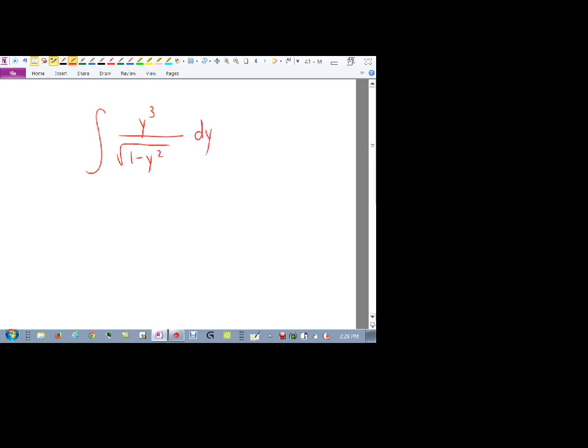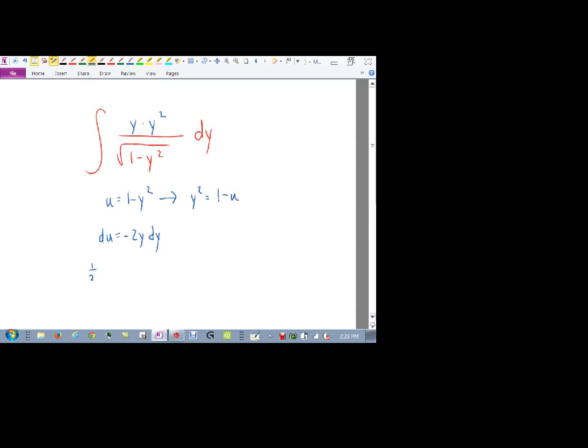So I heard trig sub, which I agree with, but I also do like the other suggestion that Luke just brought up, and that's make that y times y squared up there. You're going to call your u 1 minus y squared, Luke, right? You're going to turn your du here into negative 2y dy. And then up here you can solve this for y squared. What would you get? Y squared is 1 minus u.